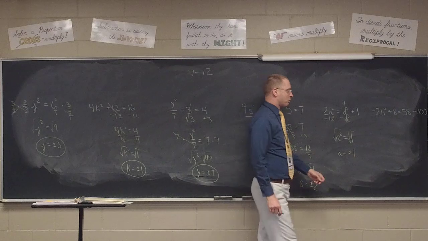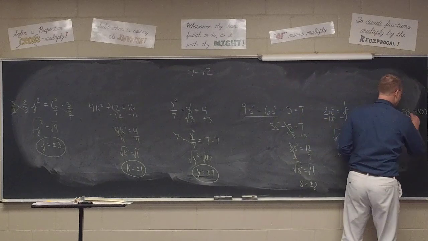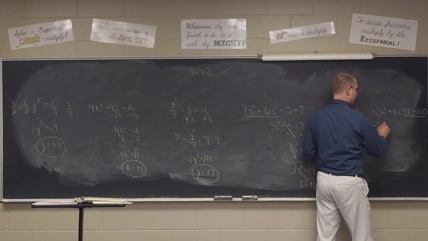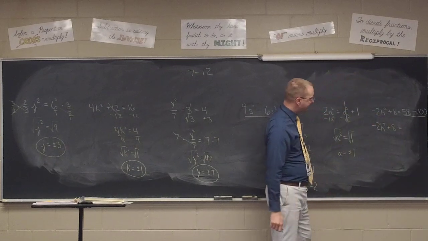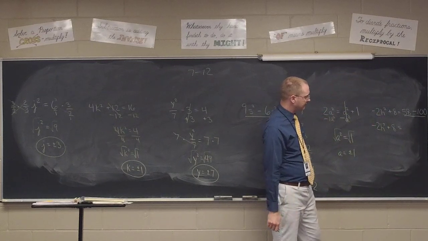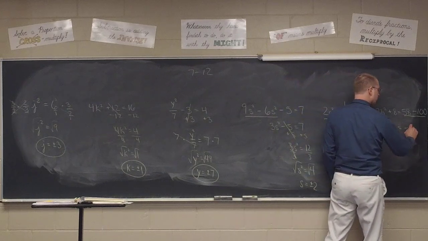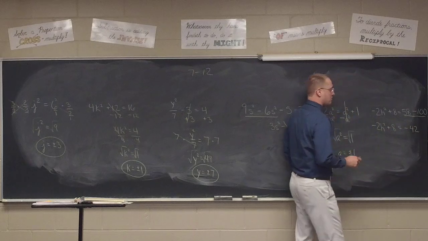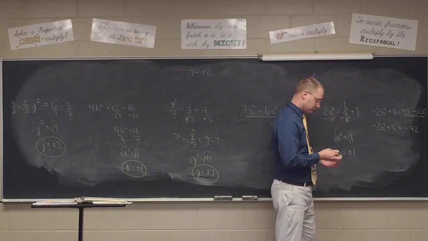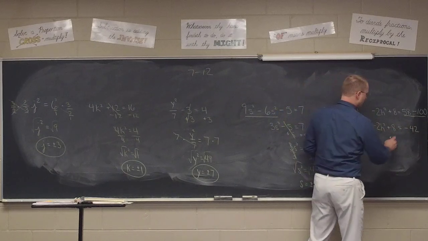And then this last one here, what is 58 minus 100 going to simplify to? Negative 42. Yeah, negative 42. Good. Then what? Subtract 8 from both sides. Good.